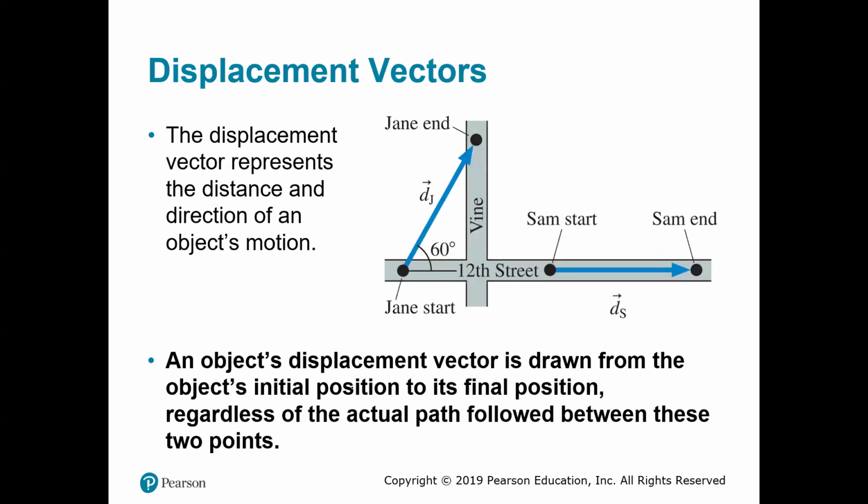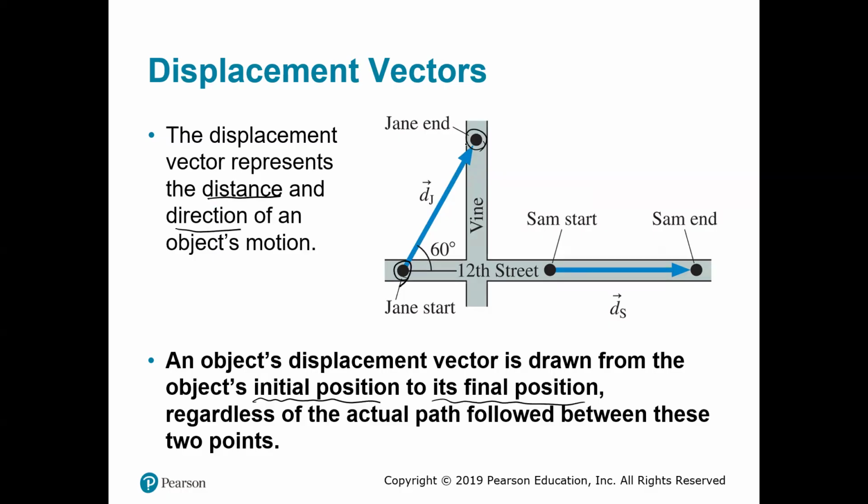And okay, displacement is a vector again, right? So now let's say you have a displacement. The displacement vector represents the distance and the direction of an object. The object's displacement vector is drawn from the object's initial position to its final position. So let's say Jane starts here and Jane ends here.